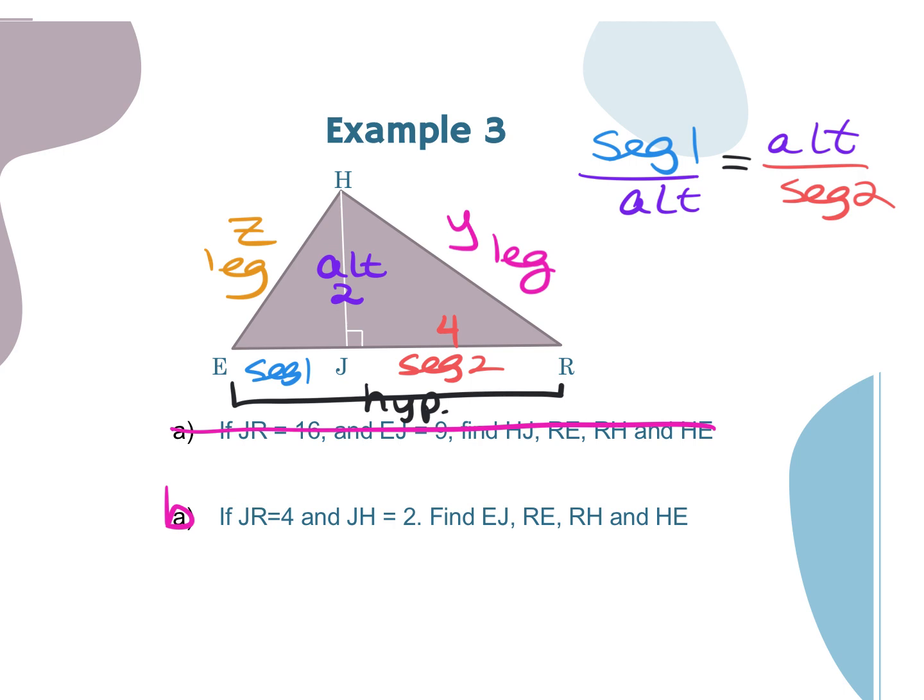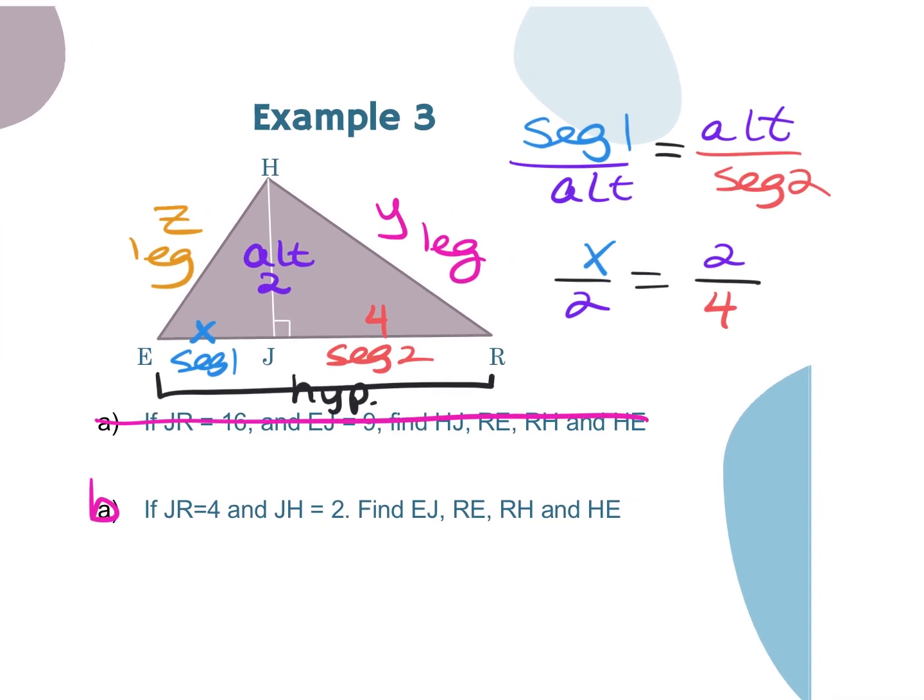So I'm going to go ahead and label segment 1 as X this time. So let's fill in what we know. Segment 1 is X. The altitude length, we know this time, it's 2. And segment 2 is 4. This one we're not going to have to square root. We can just do the cross products.